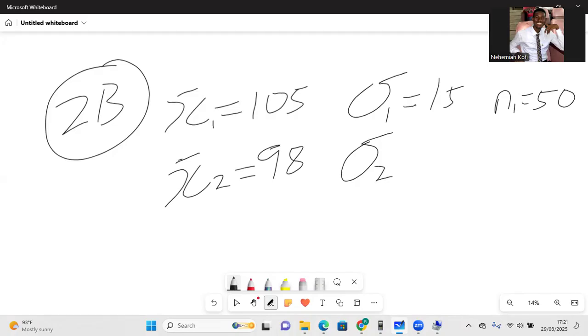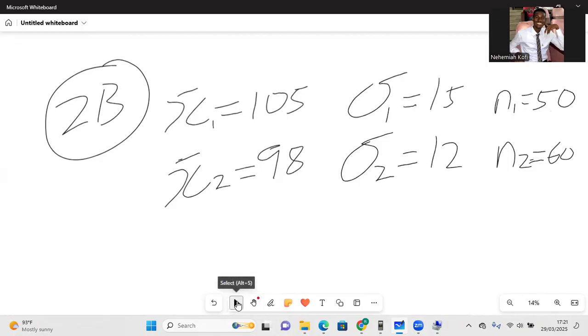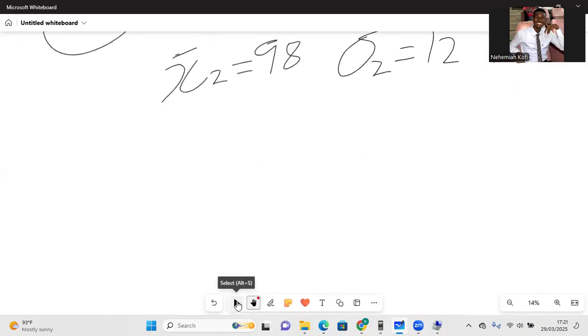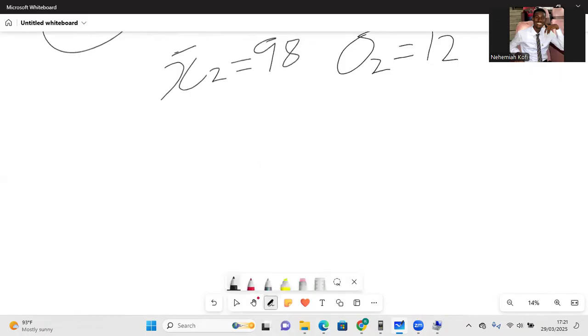The standard deviation for the second one is 12. And then the sample size is 60. Right? So basically the same thing. You just put these down, and then once you put down the formula, you'll be able to go.